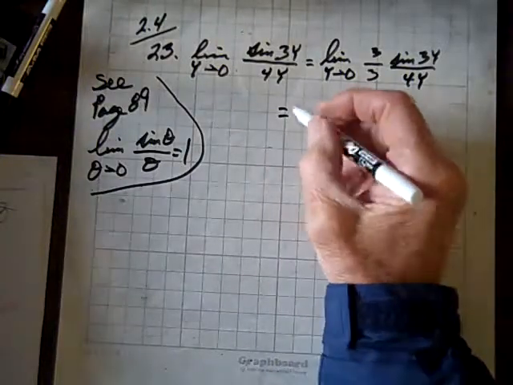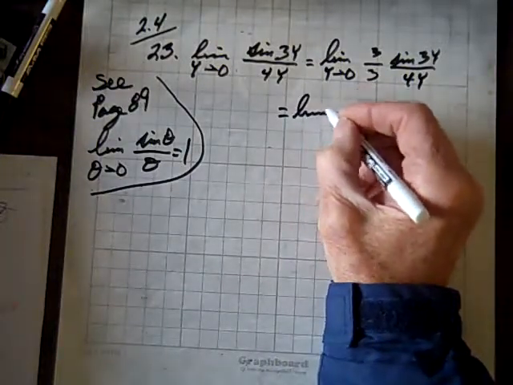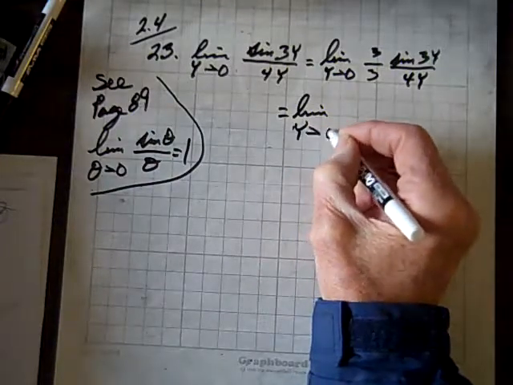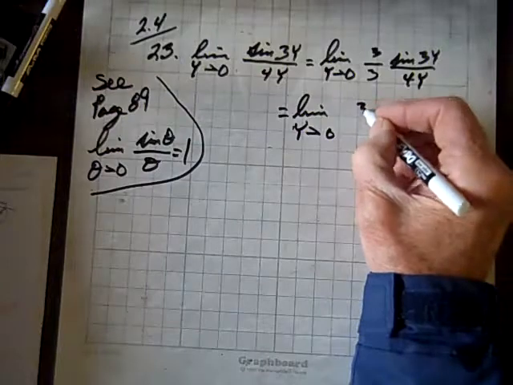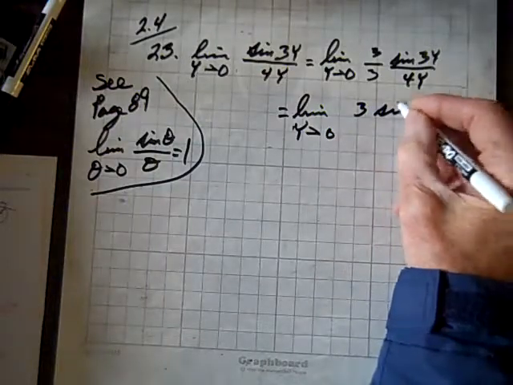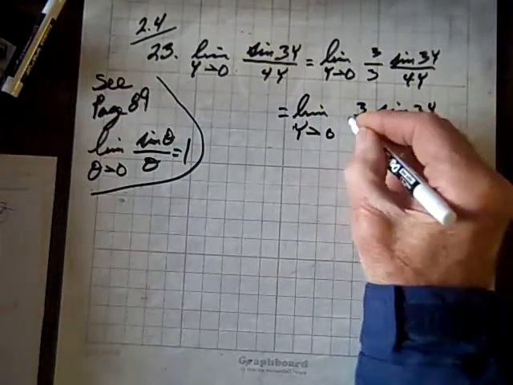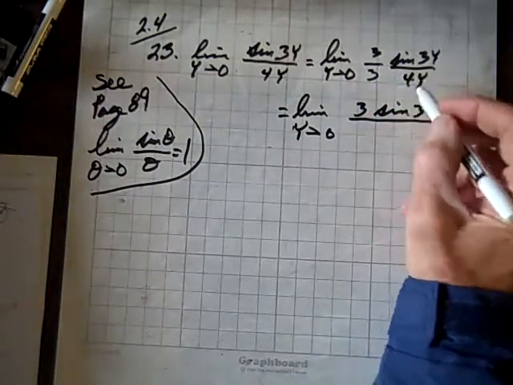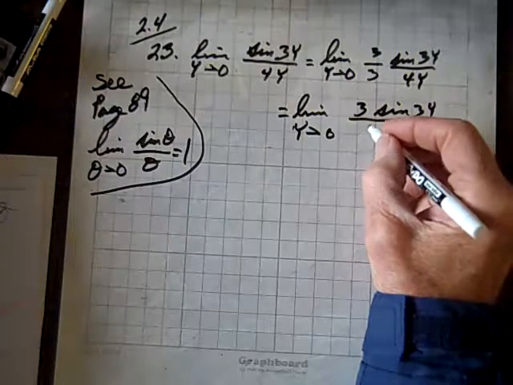That's fair game. And so that equals the limit as y goes to 0 of 3 sine of 3y over, and note, multiplication is commutative, so I can switch positions of the 4 and the 3.